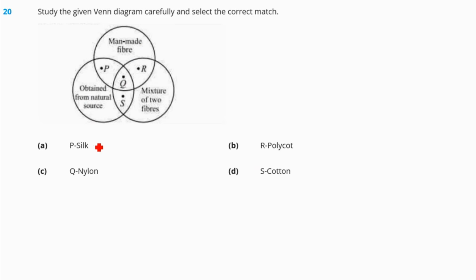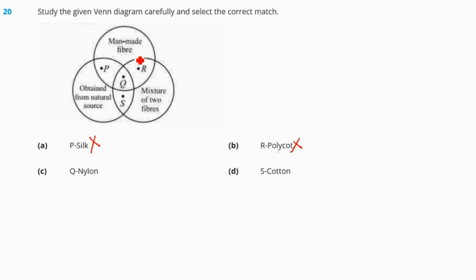P is silk. This is wrong. Next R is man-made fiber, mixture of two fibers. Both are man-made. Mixture of two fibers. Polycot. R is polycot. Wrong. Next is Q. Q is in between all three.